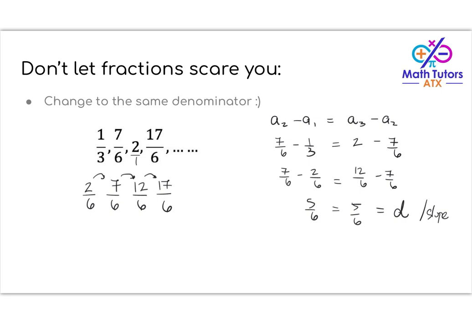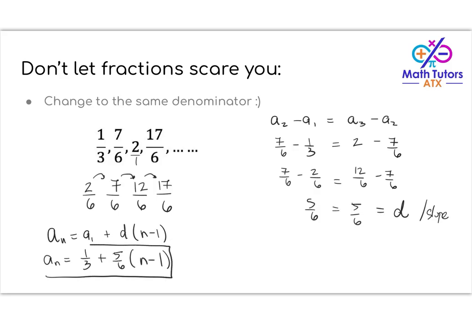So depending on what point you want to use, if we want to use a sub 1, since we're given a sub 1, we can totally do that. So we have a sub n equals 1/3 plus our common difference, 5 sixths, times n minus 1. Great. You know what though? I really like the number 2, so I'm going to use the third term. Is that okay?